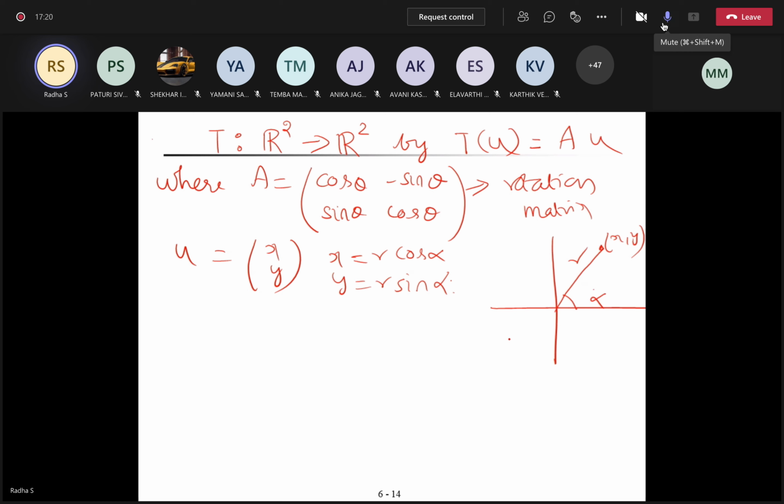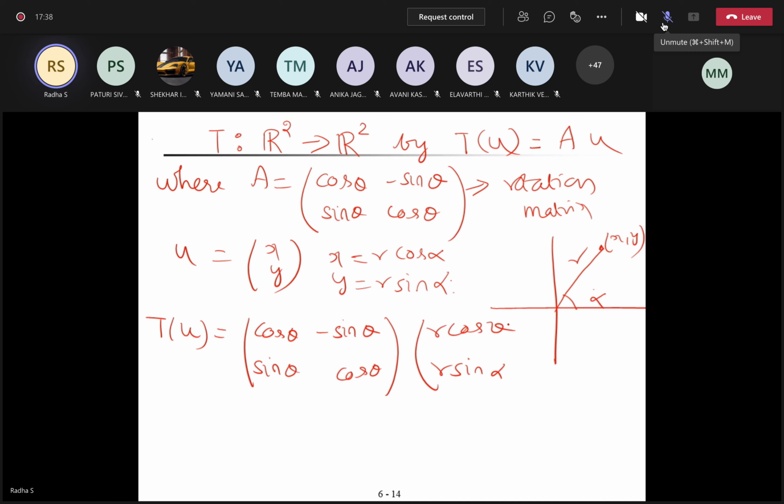Now I'm going to find T of U. It is cos theta, minus sin theta, sin theta, cos theta, into r cos alpha, r sin alpha. Multiply this. Cos theta into r cos alpha, that is r cos alpha cos theta minus r sin alpha sin theta.